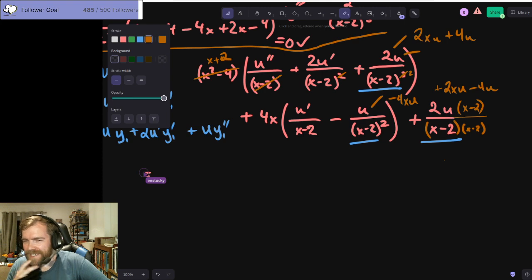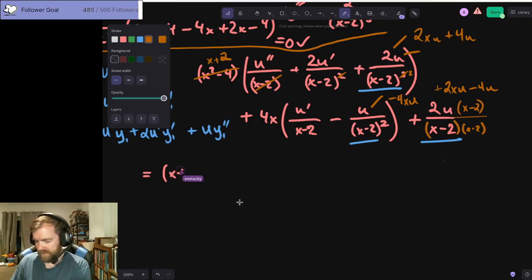Okay, so let's handle the rest. So this, we're going to get a u prime almost by itself, or u double prime, sorry. And then the u single primes, we're going to get 2x plus 2 from there, and then an extra 4x from there.